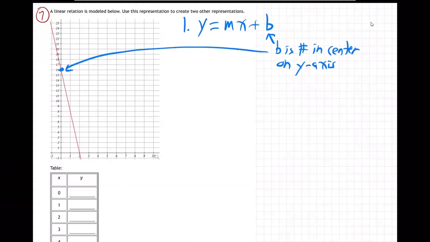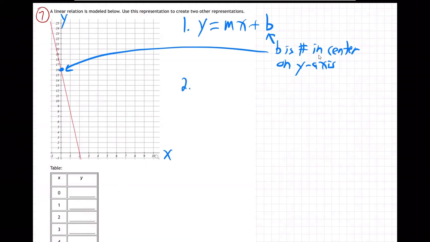So it's 16. Because this is the y-axis and this is the x-axis. Remember that? The y-axis and the x-axis. Okay, so we got that much.